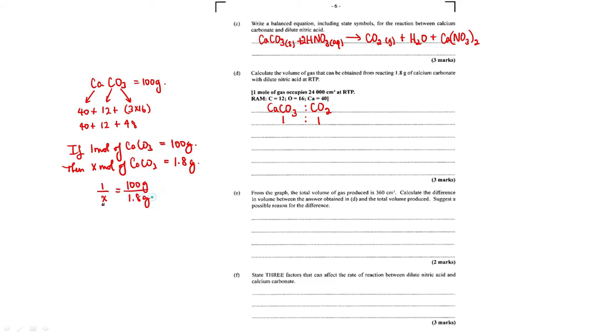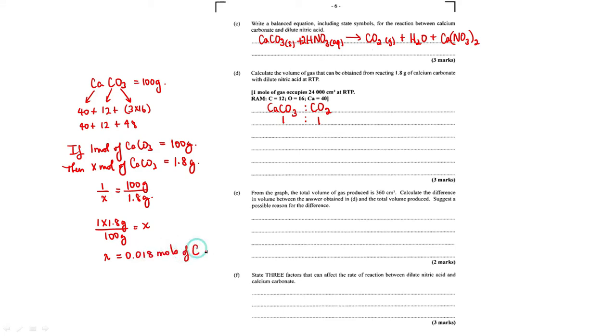And we just solve for X, so we say 1 times 1.8 grams divided by 100 grams is equal to X. X would therefore be equal to 0.018 moles.